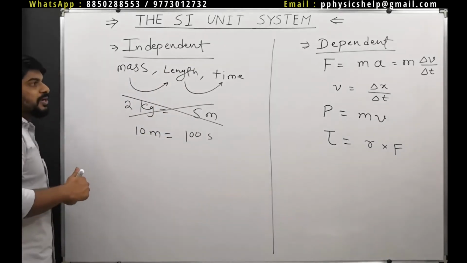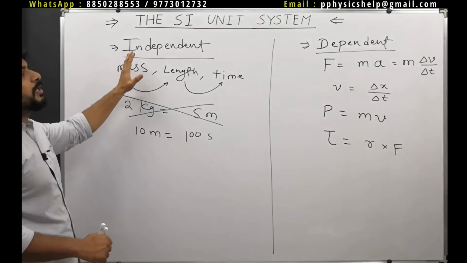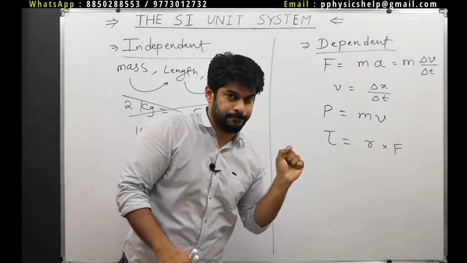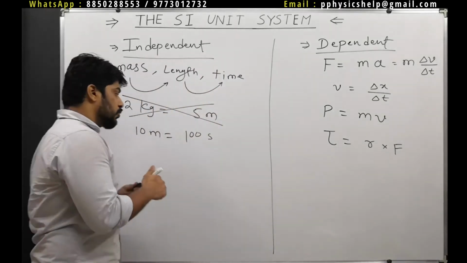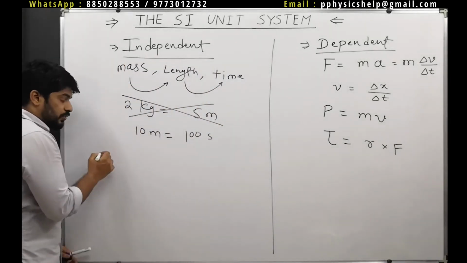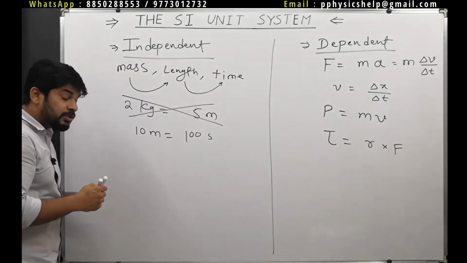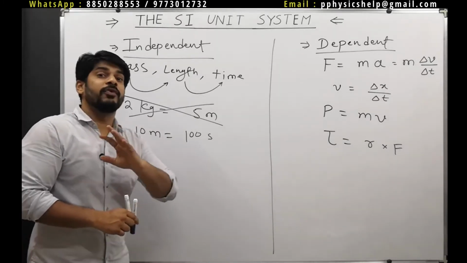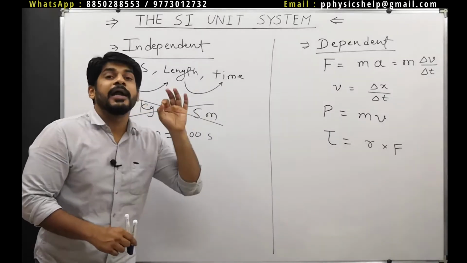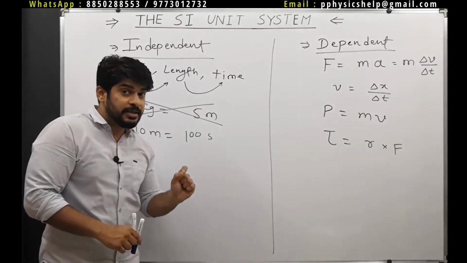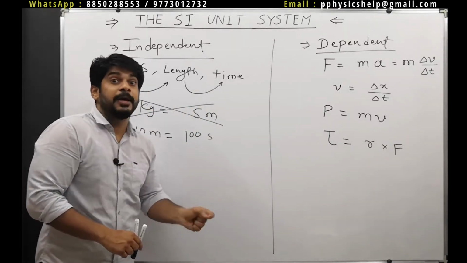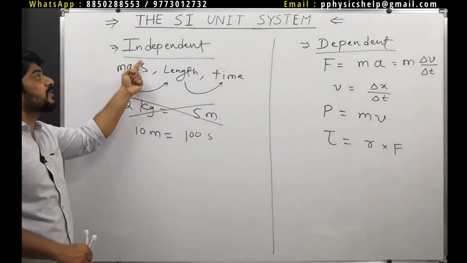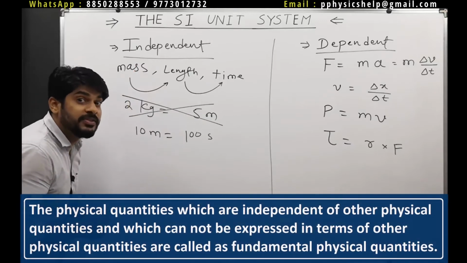But here the main thing is that these independent and dependent quantities have been given some names. The physical quantities which are completely independent of other physical quantities and which cannot be described or expressed in terms of other physical quantities are called fundamental physical quantities.